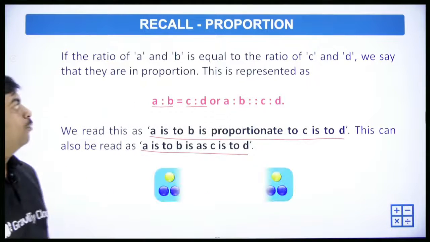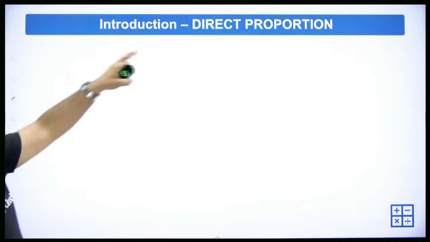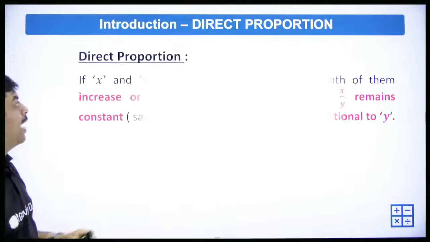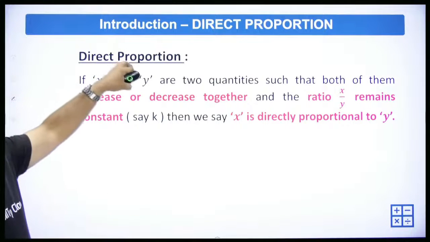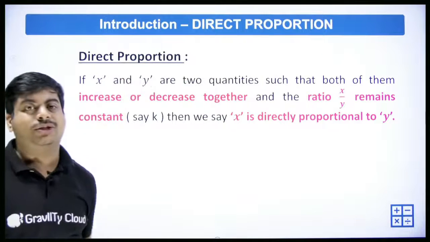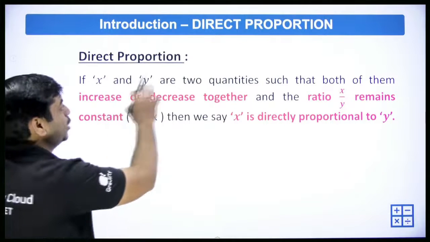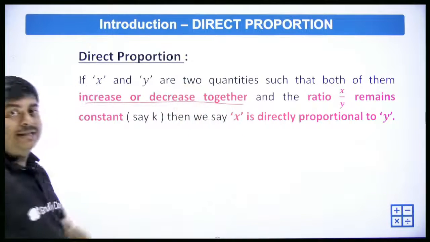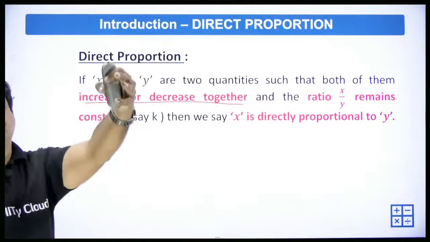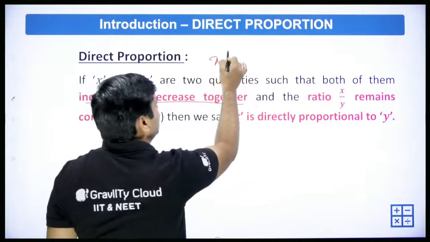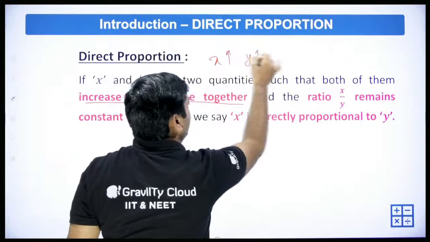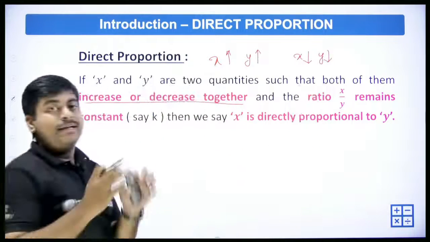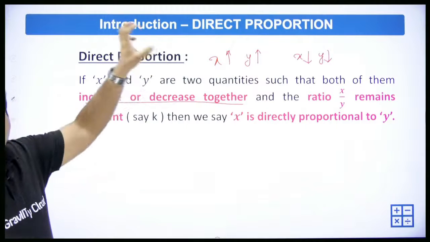And moving forward, we also discussed what a direct proportion is. When x and y are two quantities such that both of them increase or decrease together, that means as x increases, y should also increase, or as x decreases, y should also decrease, we say they are in direct proportion.